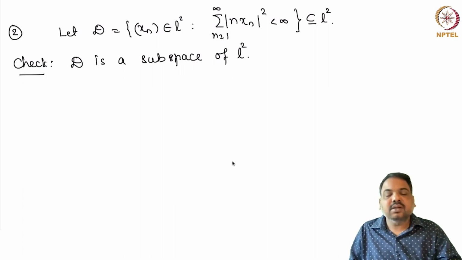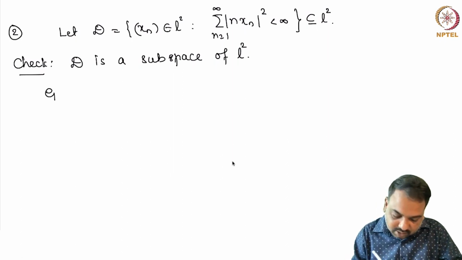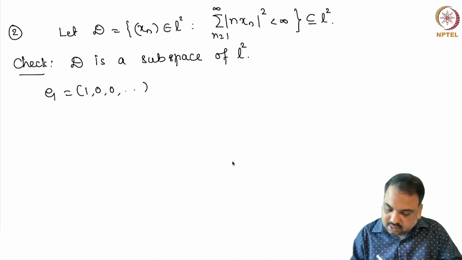So we can look at the standard orthonormal basis of L2. For example, e1 is (1, 0, 0, ...). If you take e1, that is an element of L2, but it is in D also.